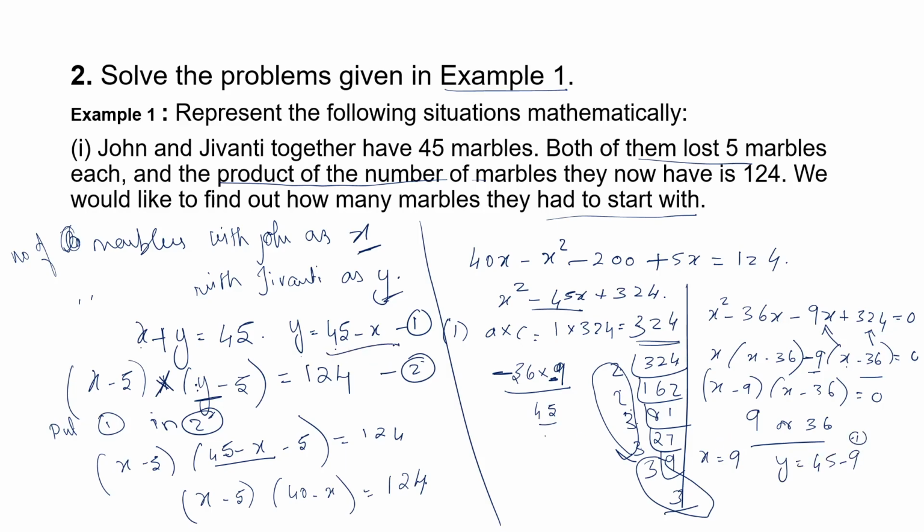So it will become 36. Okay, so when x is equal to 36, y will become 45 minus 36, which is 9. So the values are 9 and 36, or x has 36 and y has 9.